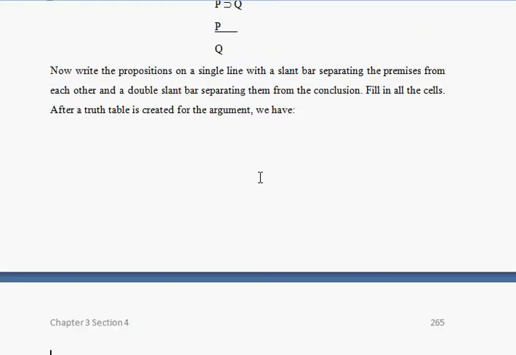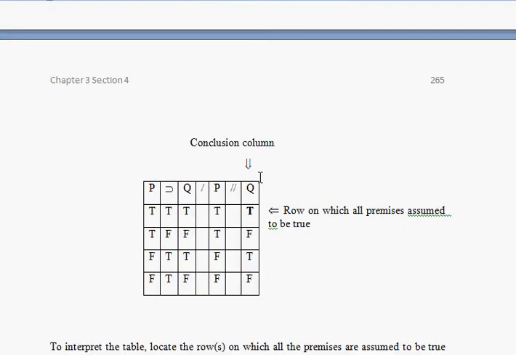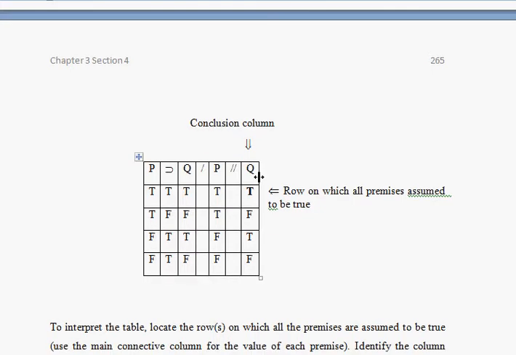And what we do is we then can put this into a table in which we separate each premise with just a slash and we leave the space below it blank. If you're doing it by paper, just make sure to leave an extra little space and put a line. And then we put two lines to signal the conclusion, and that means therefore.